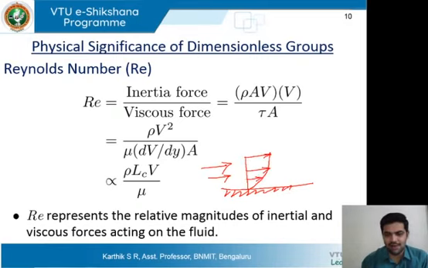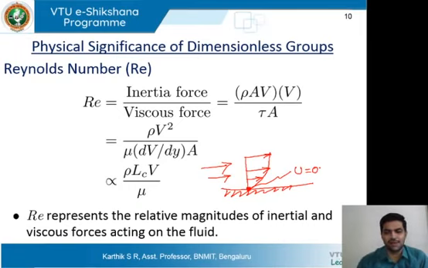So that is the velocity at the wall. Here the velocity u is 0 because of the no slip boundary condition, and this is the viscous force which will be acting on your fluid.